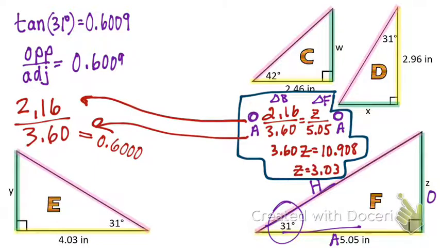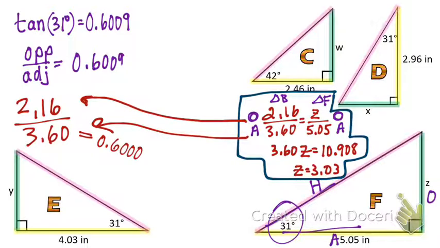So if we just had to do the problem like this and I said, hey, find side Z, we wouldn't have another triangle to compare it to because the rest of the triangles on the slide are all missing the green side as well. So how would we do the problem? Well, we would start out like this.